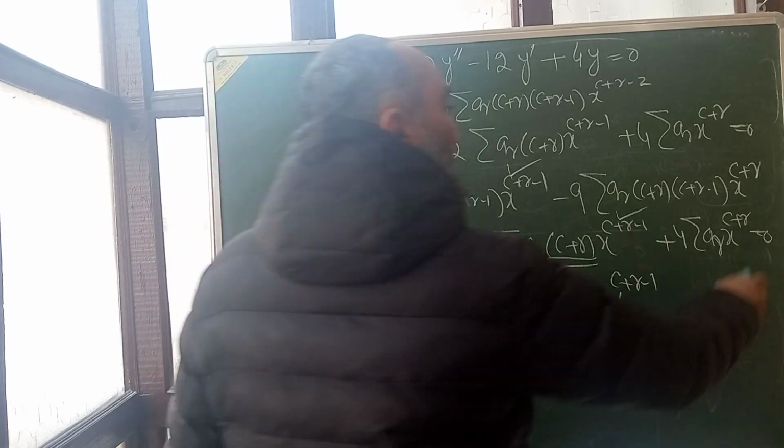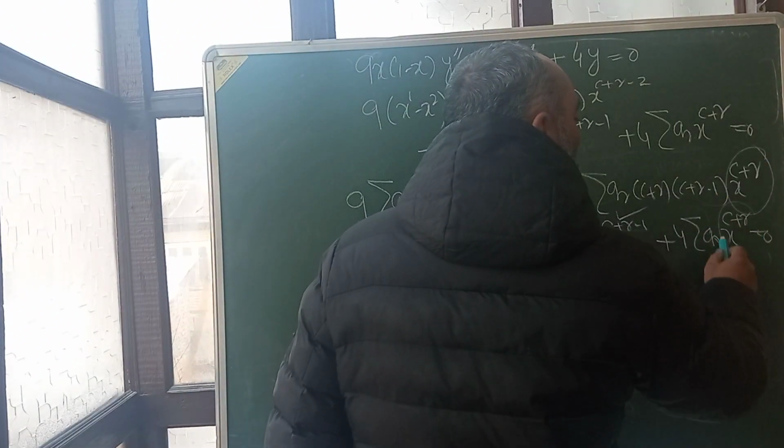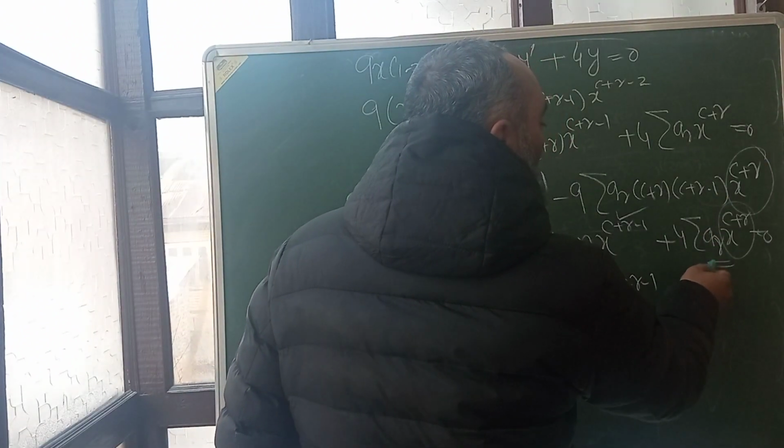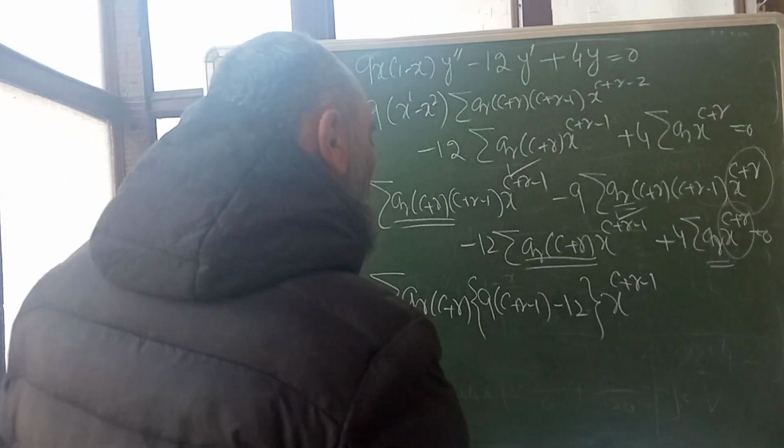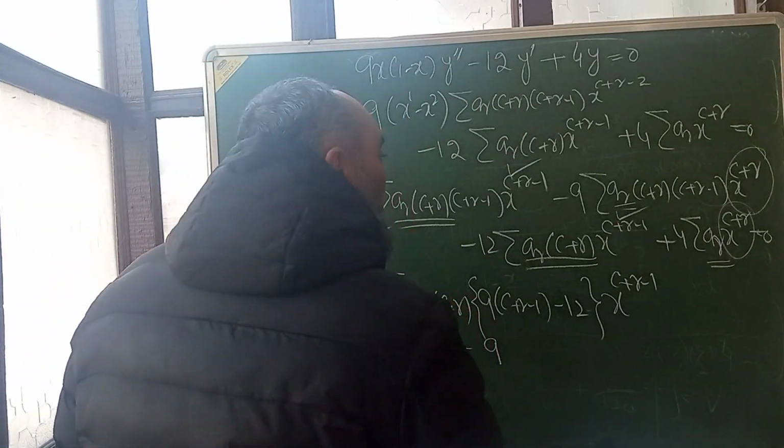Now you have x raised power c plus r over here, x raised power c plus r here. What is common? Only ar. So minus, and you are taking minus also.